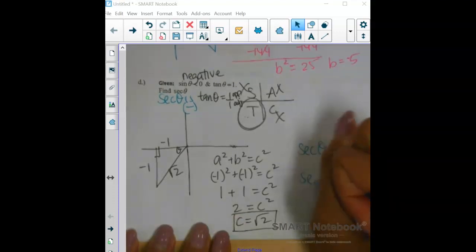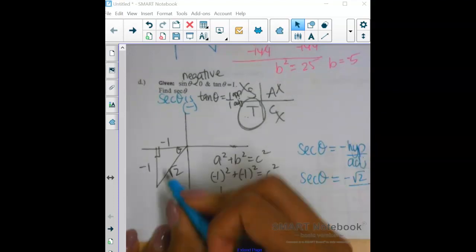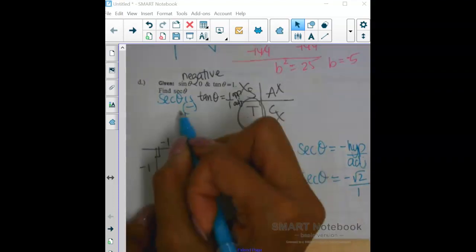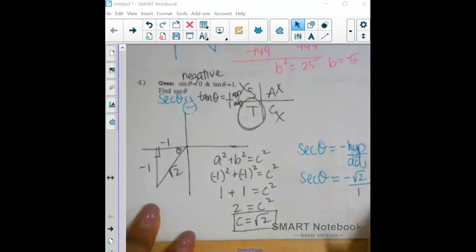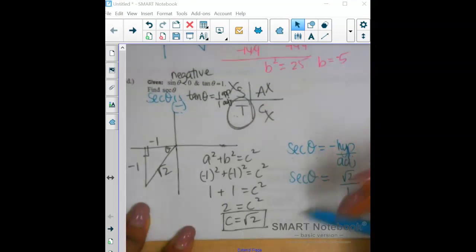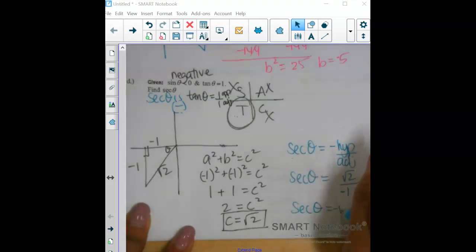We're going to write this as secant of theta equals the hypotenuse, square root of 2, over the adjacent side, which is negative 1. I've already put that negative there, so I'm not going to write it again. You want your final answer for secant to be negative. If that's too confusing for you, just erase it and put it down here with the 1. It's going to give you the exact same answer. All I need to do from here is reduce, so secant of theta is just negative square root of 2. That would be your answer.